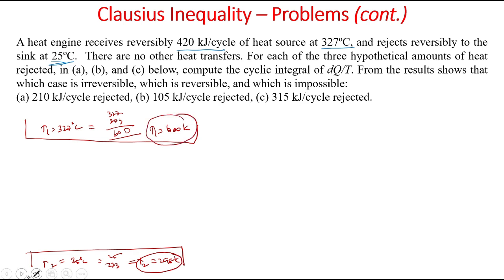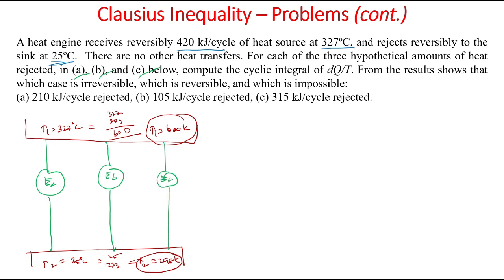So it is connected by the same engine. Here it is given as A, B, C, so for that we take EA, then EB, then EC. So 400 kilojoule per cycle of heat is added at 327.